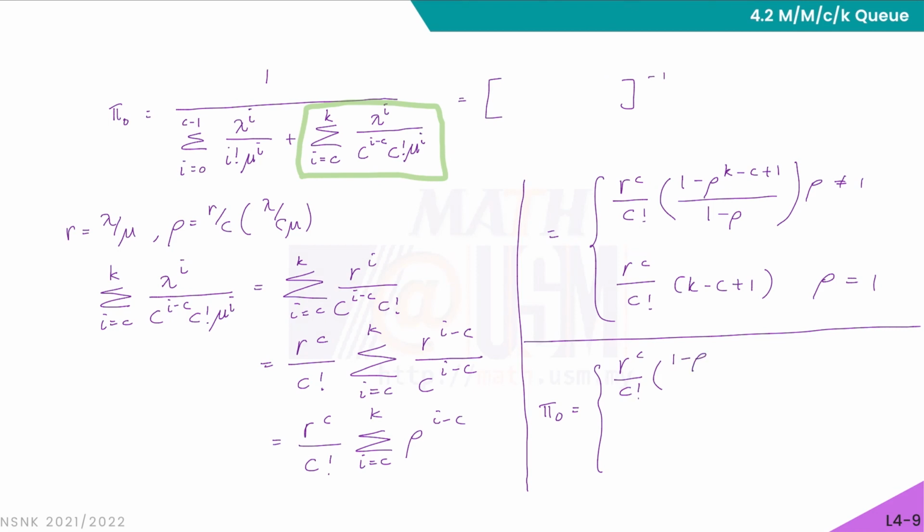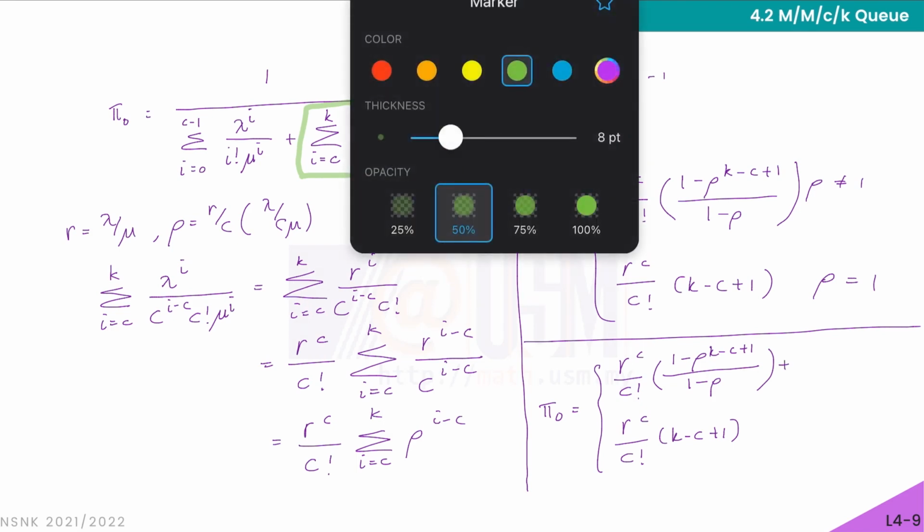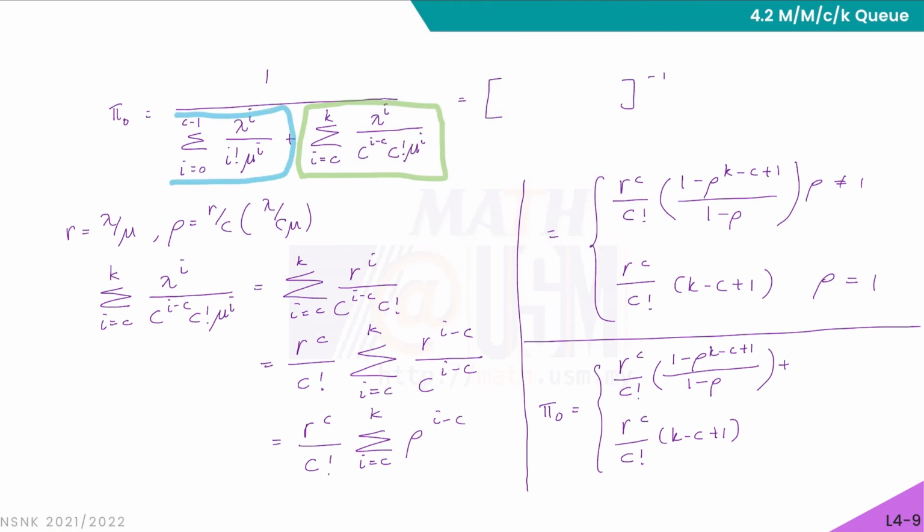So we have 1 minus rho to the power of K minus C plus 1 over 1 minus rho, times R to the power of C over C factorial, plus this term again, the summation of i equals 0 until C minus 1.